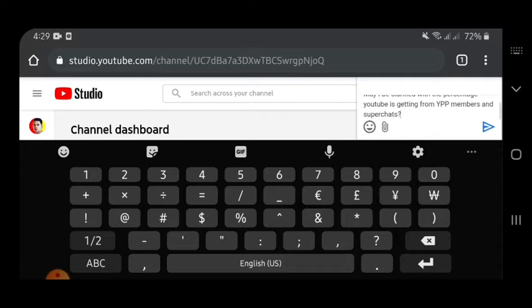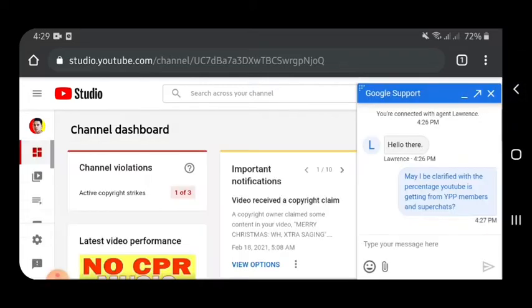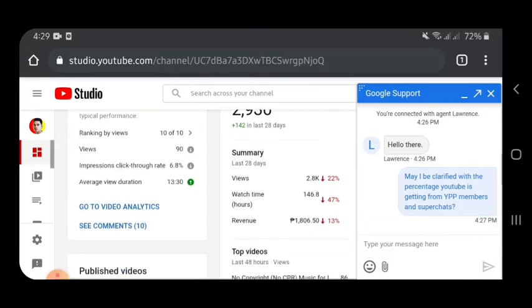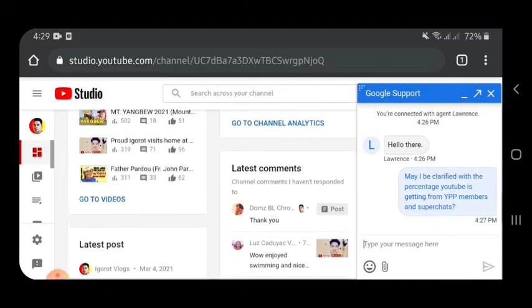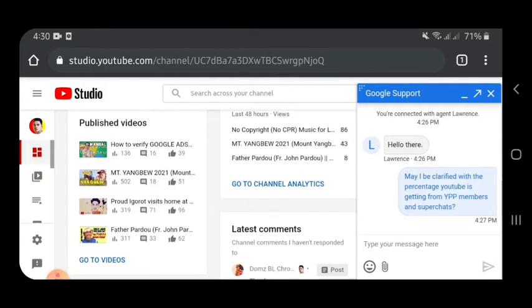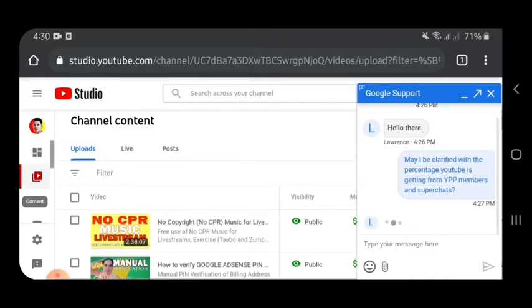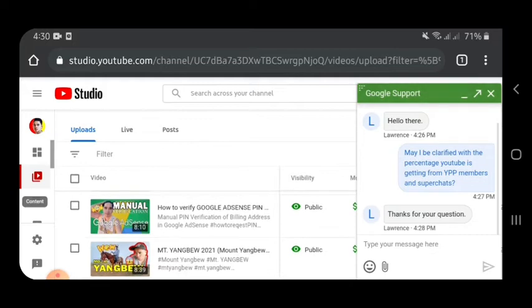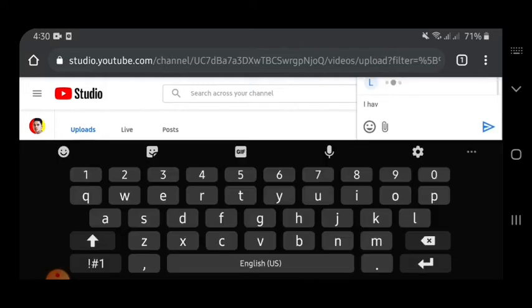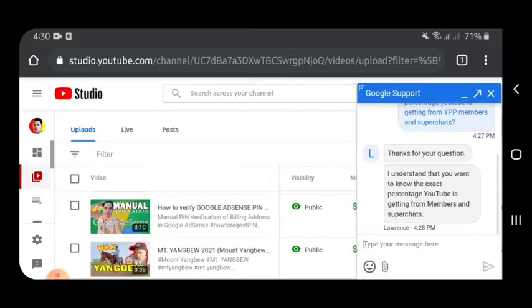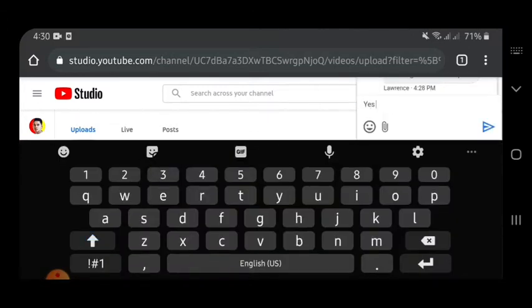So let's wait for the response of this agent. I think it's very important that we follow strict English grammar in giving our questions. I did not try Filipino or other languages, if Google support can answer them.